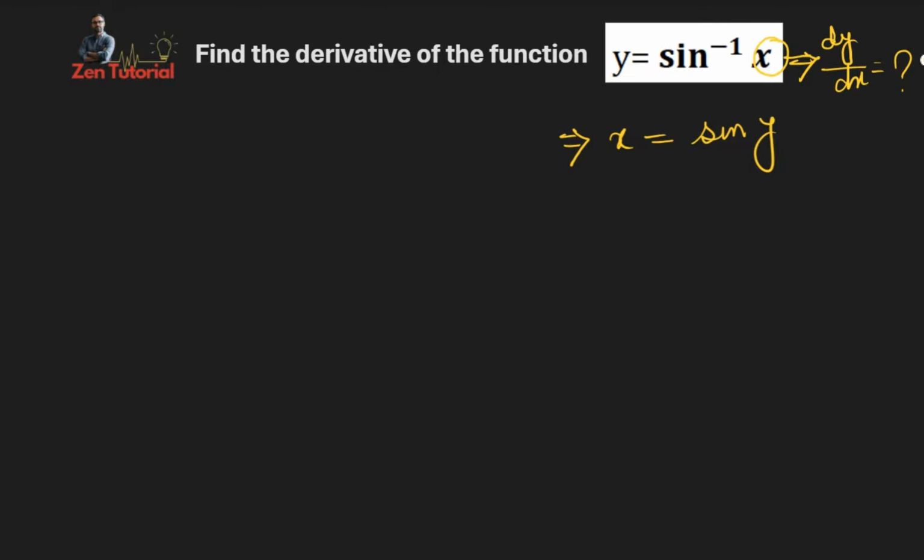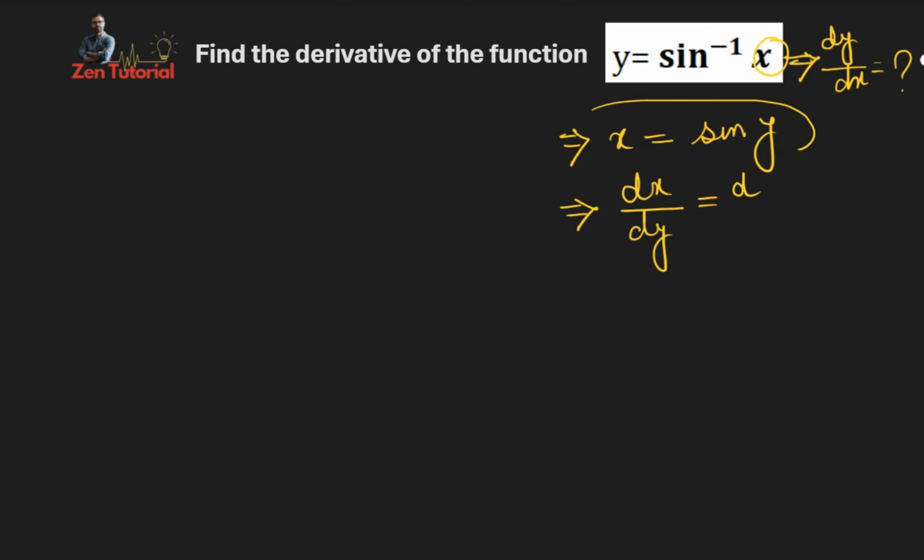Right now, if we differentiate both sides, here dx by dy. Why dy here? Because in this equation the main variable is y, that's why we have to differentiate with respect to y.